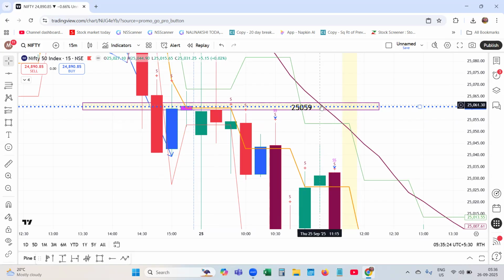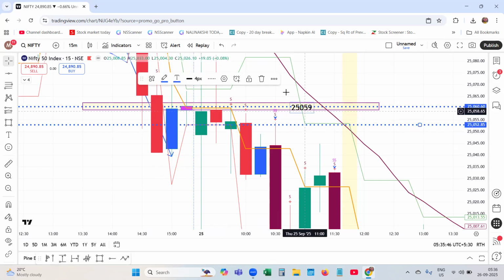Then it is a weakness. And the third candle, you can see the close, if I place the cursor on this, it is 25,054. The fourth candle, already it has lost the balance and the price has lost the support line. This is the support line.